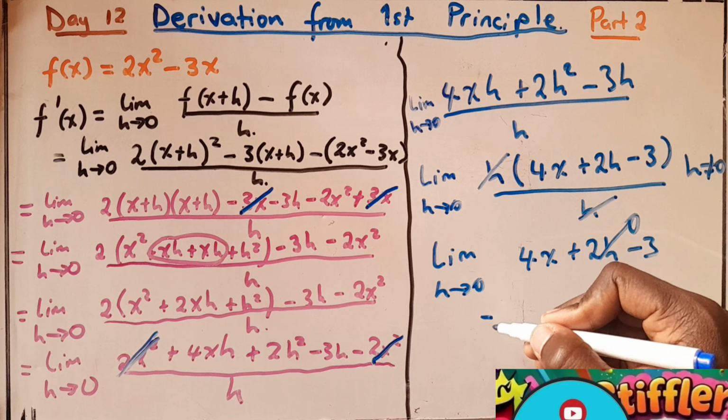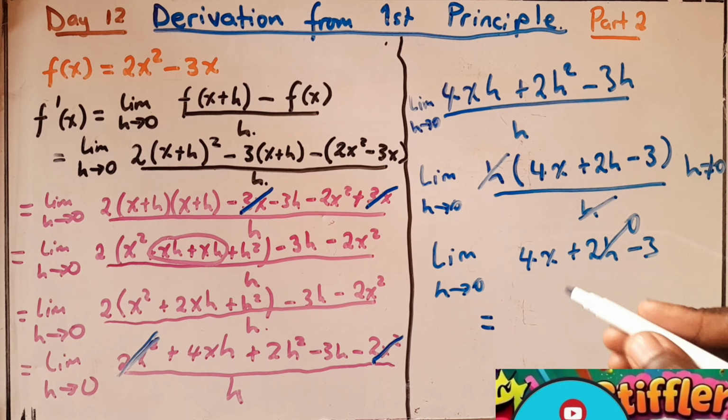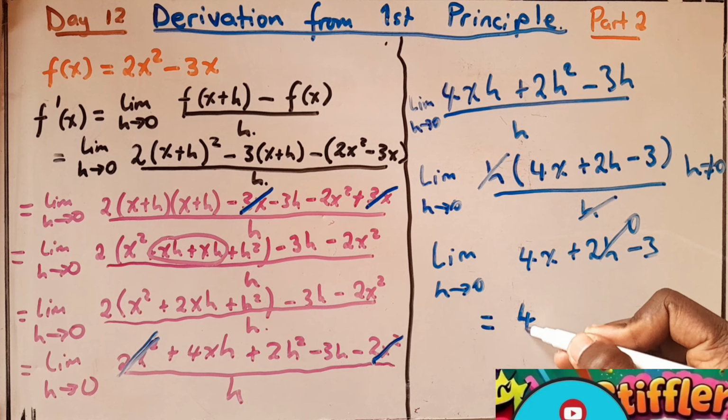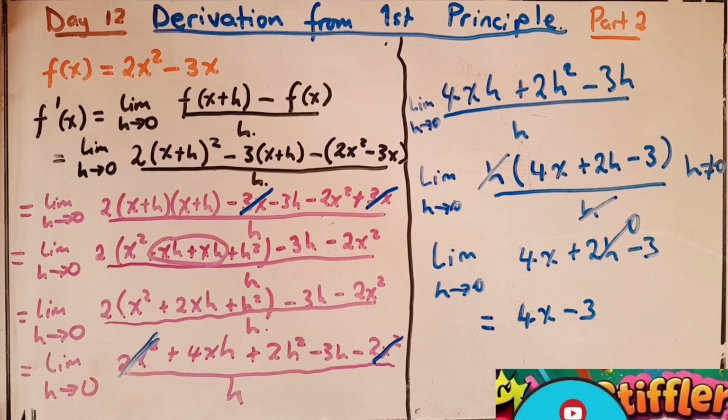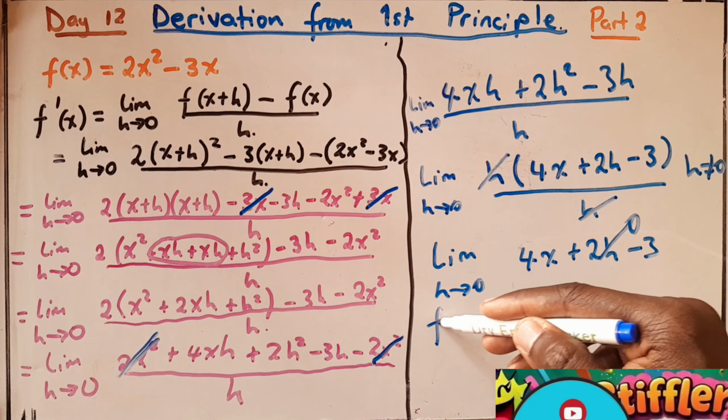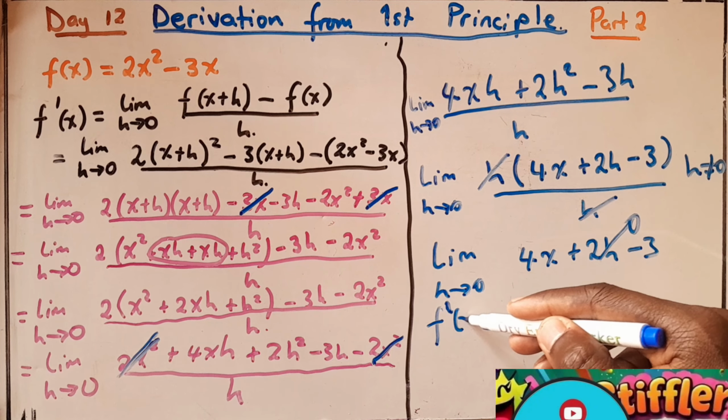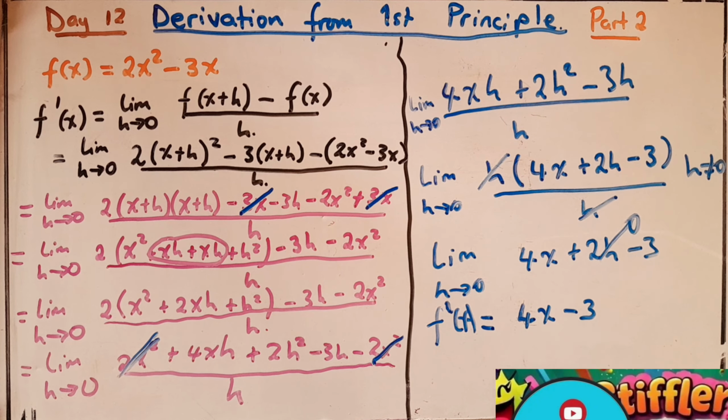So now this can actually be 4x minus 3. So it means that our f prime x becomes that. So this is our derivation of this equation. Can you see how simple that is?